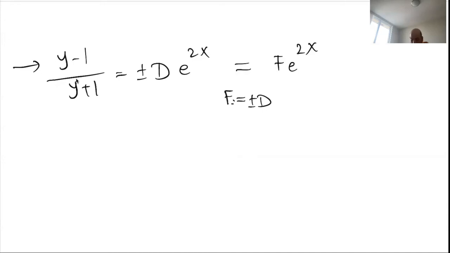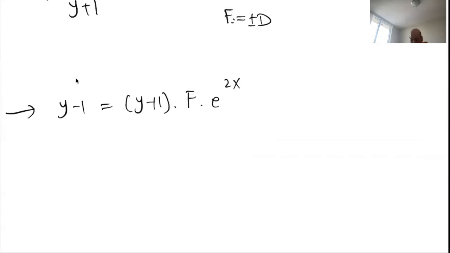And then I can cross multiply. y minus 1 equals y plus 1 times f e to power 2x. Then I'll have y minus 1 equals f y e to power 2x plus f e to power 2x.